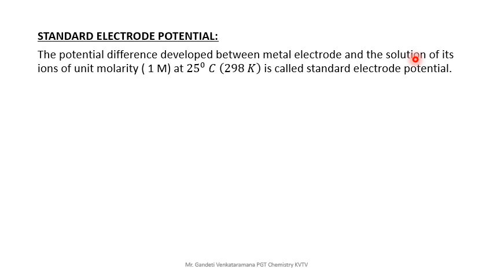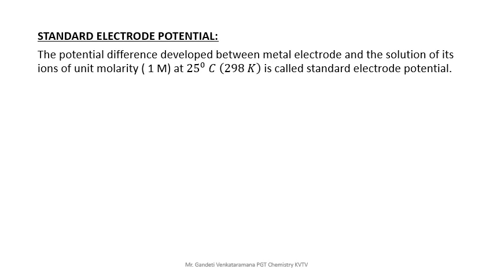But if that potential difference is measured, these are the conditions. Whatever solution of its ions you are taking, what is the concentration? 1 M, at a temperature of 25 degrees centigrade. Under these conditions, the potential difference developed between the metal electrode and the solution of its ions is called standard electrode potential.